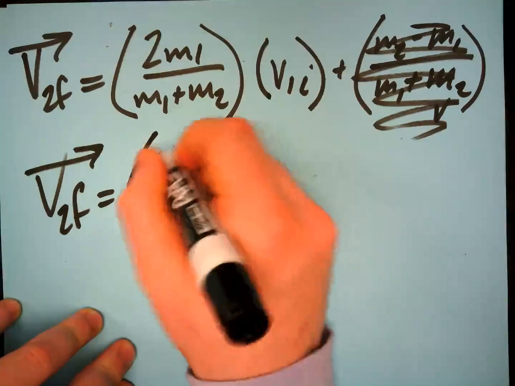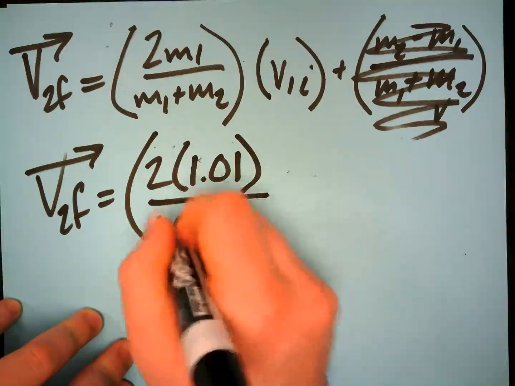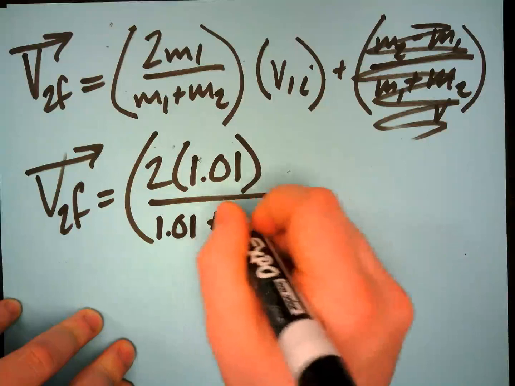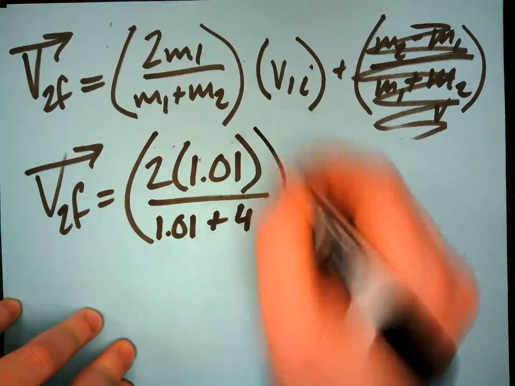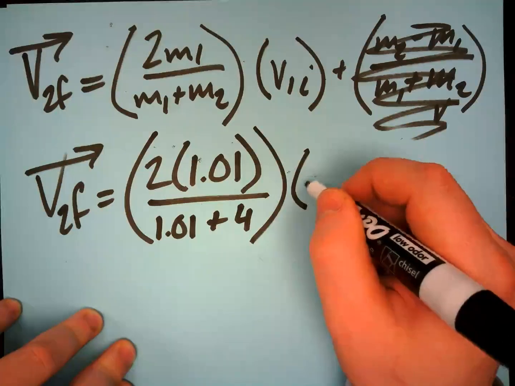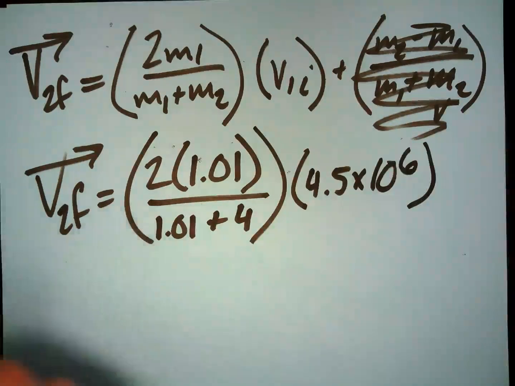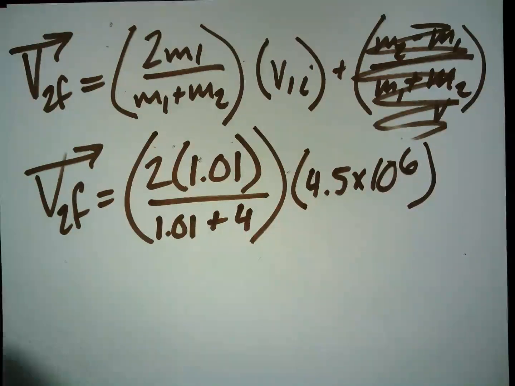So 2 times 1.01 over 1.01 plus 4, all times the 4.5 times 10 to the 6th power.